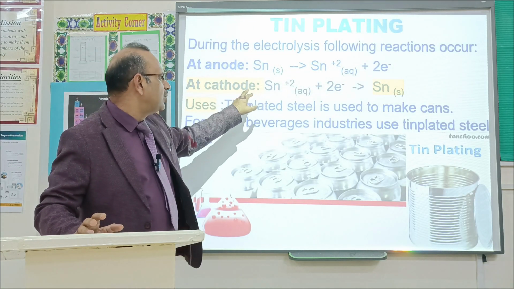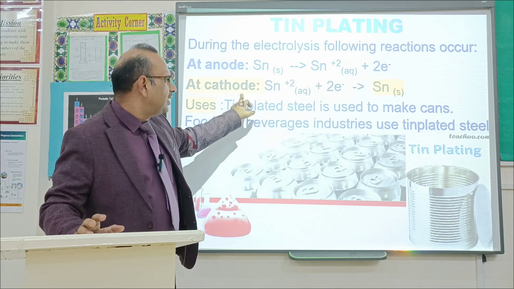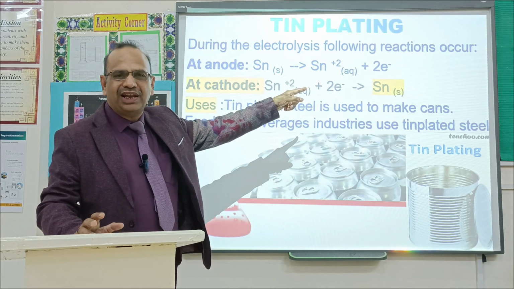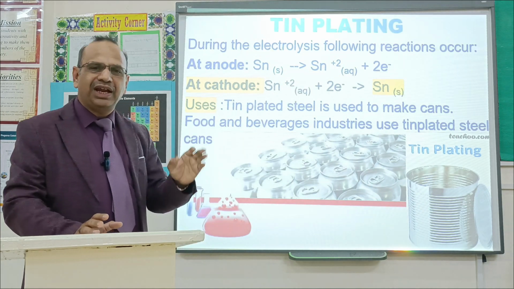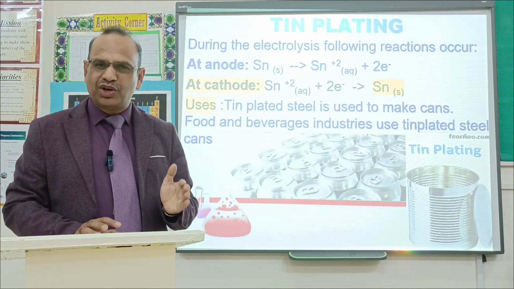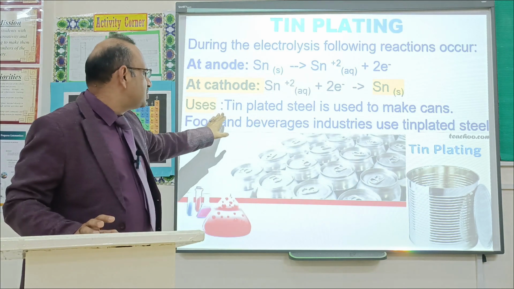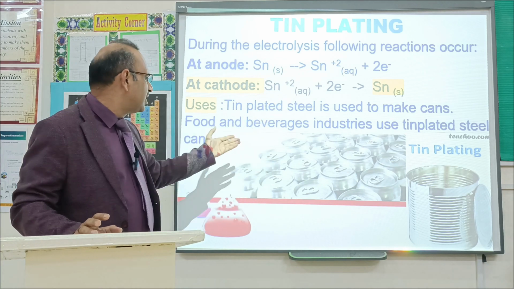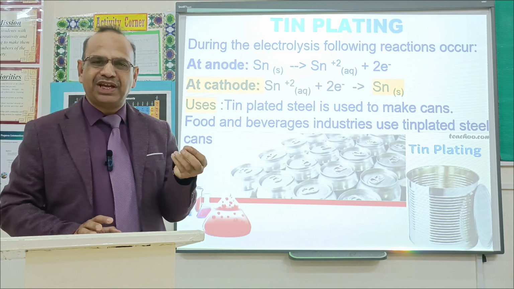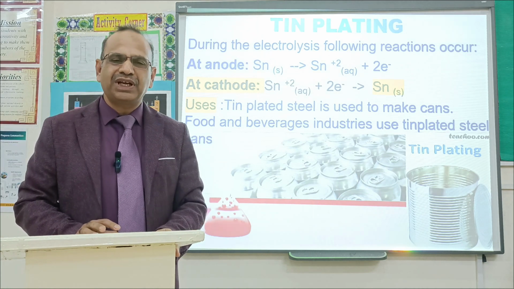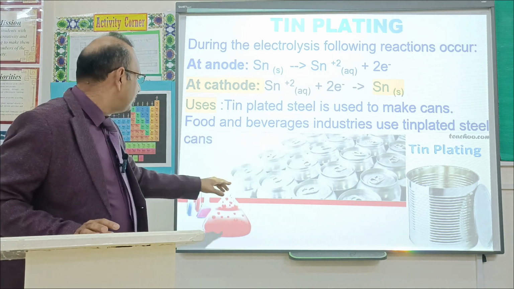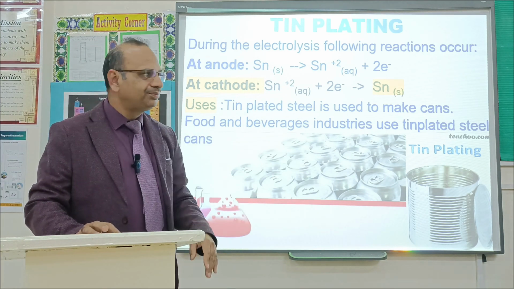Later, these tin ions go to the cathode, because the cathode is the negatively charged electrode, and there they gain electrons and change into tin metal, which deposits on the object you want to electroplate. Tin-plated steel is used to make cans. Look here, the Pepsi and 7-Up cans that we use for drinking are also made of tin. Here are tin cans.